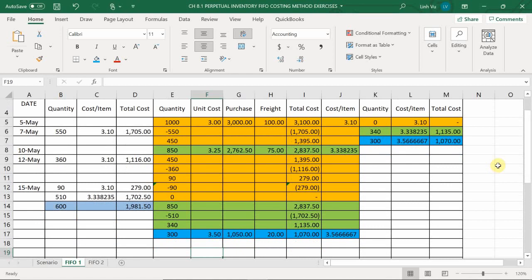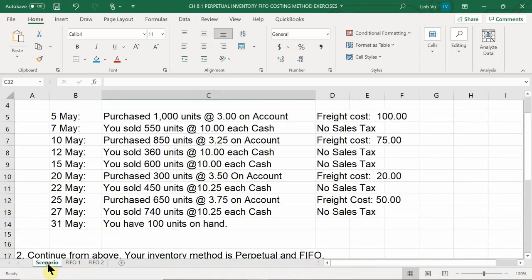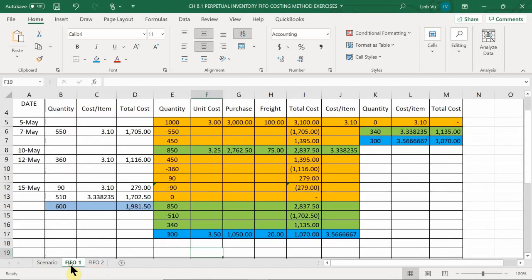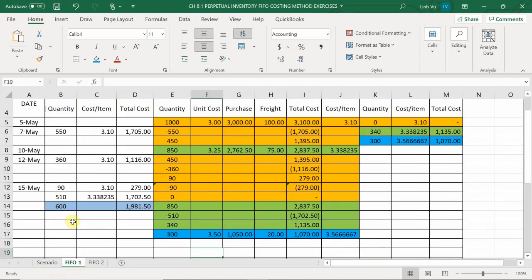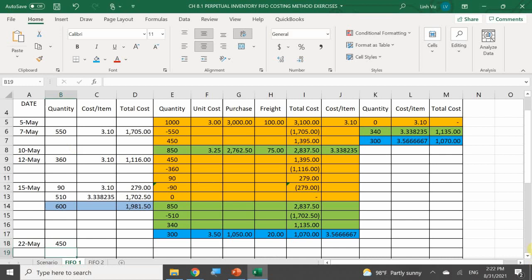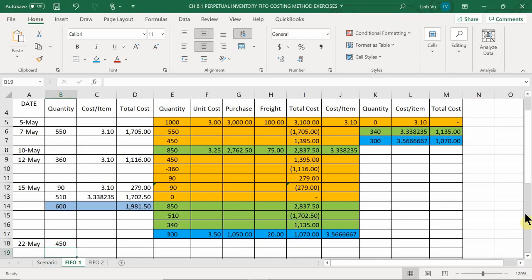So then let's see what happened next. May 22nd rolls around and we end up selling 450 units at $10.25. Let's take a look at our batches of inventory.